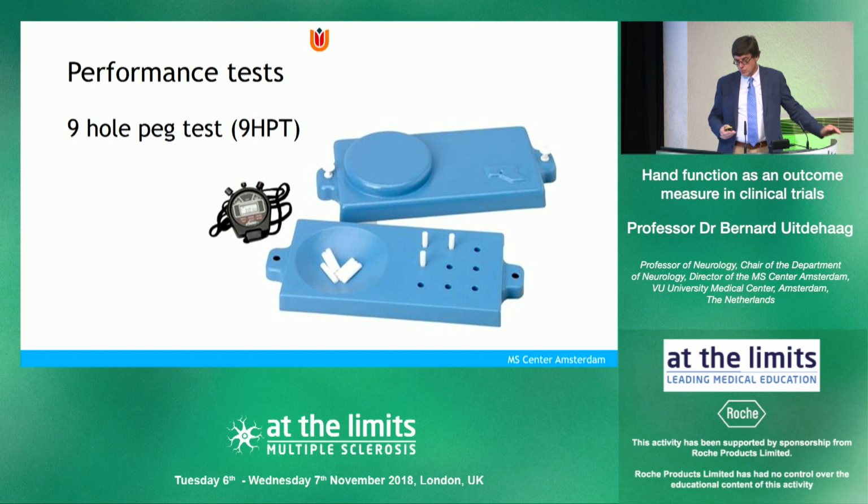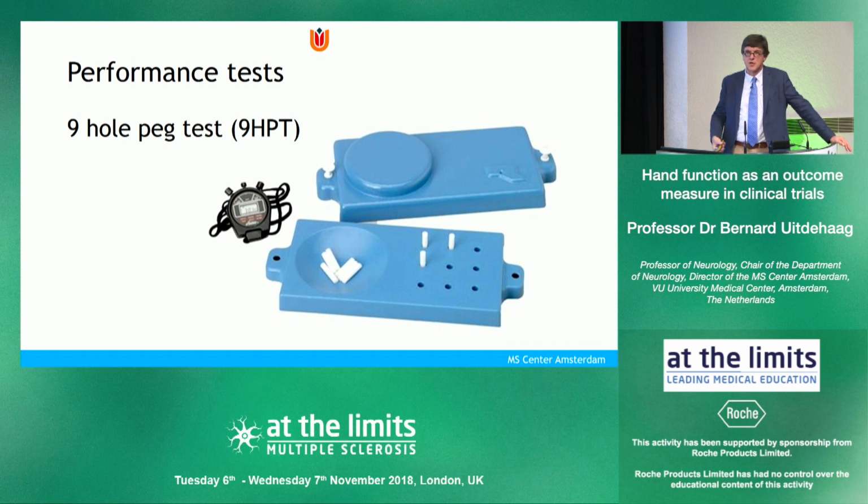For those who are not familiar with it, you have a bucket with 9 pegs. You start with all the pegs in this bucket. You start the stopwatch, and one by one they should be put into these holes and taken back out again until the last drops into the bucket. And the number of seconds you use is the score you have.